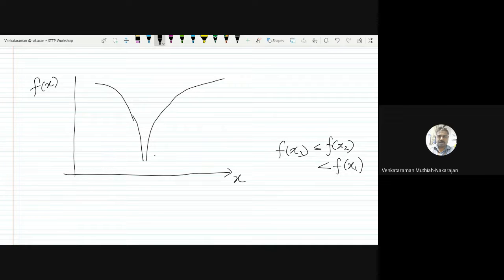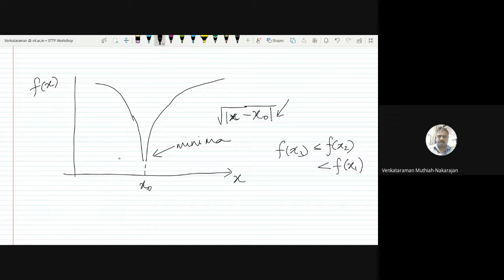So this is our minima, and our function is under root of mod x, say under root of mod x minus x0. And our minima is here. We are unable to reach that minima because at this particular point, at the minima itself, the function is non-differentiable.